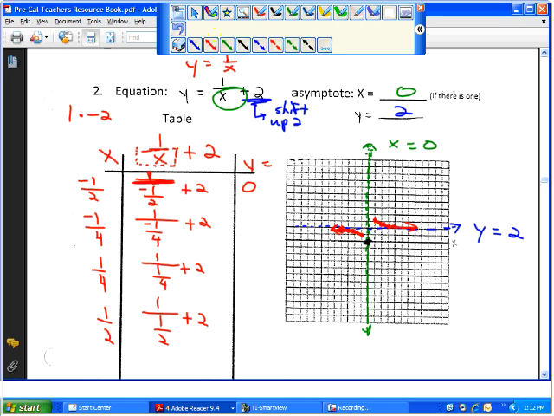Plus 2 is 0. Dividing by negative a fourth is the same as multiplying by negative 4. So you have negative 4 plus 2, negative 2. 1 divided by a fourth is like 1 times 4. 4 plus 2 is 6. 1 divided by a half is 2. Plus 2 is 4. See how we did that?